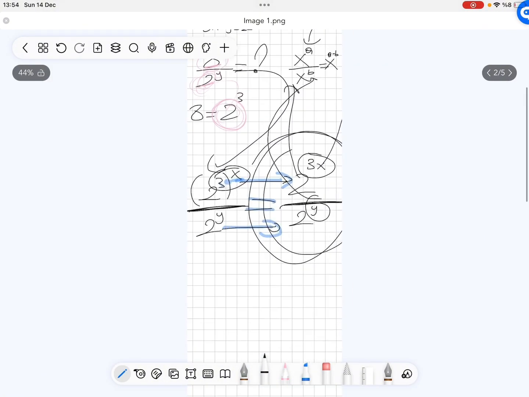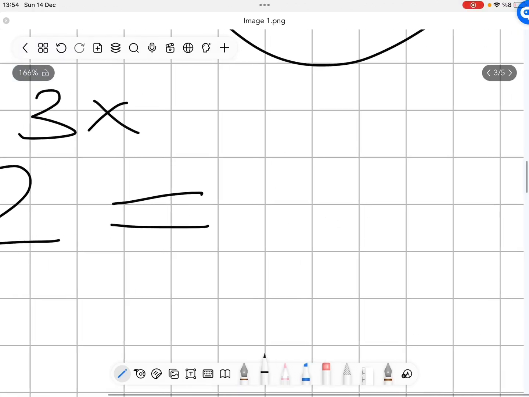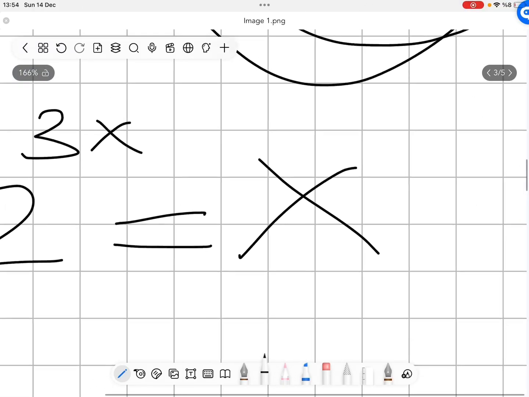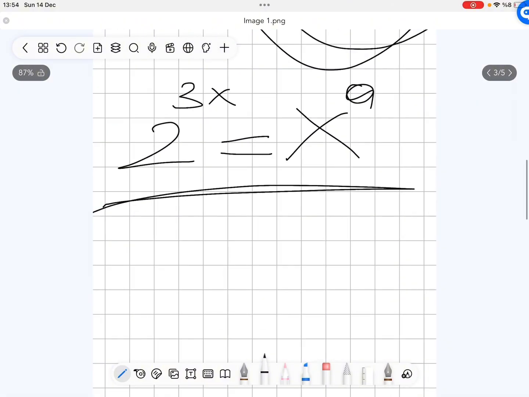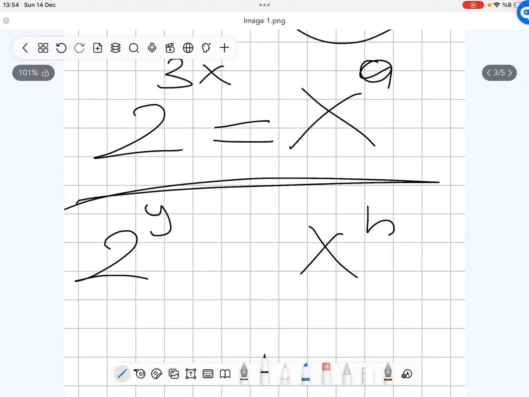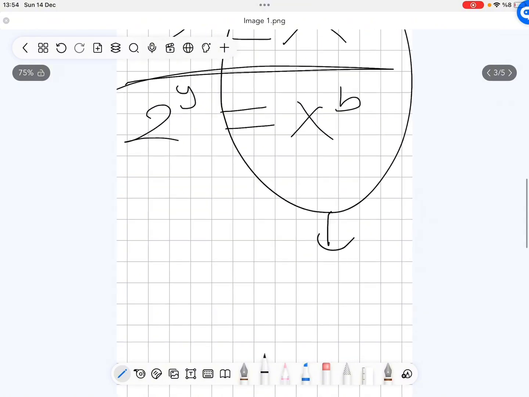Like 2 to the power of 3x is x to the power of a, divided by 2 to the power of y, which is x to the power of b. And we did x to the power of a minus b.